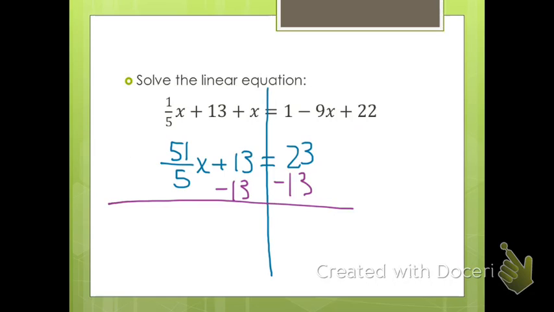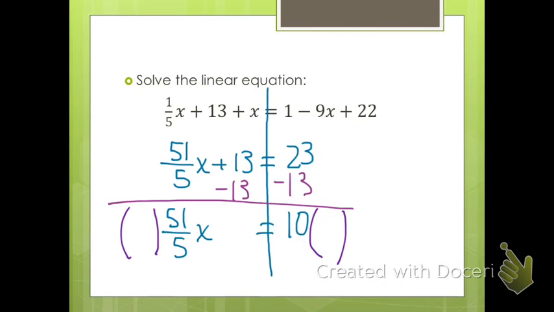So this would be 51 fifths x, and positive 13 minus 13 is 0, so I can leave that off, is equal to 23 minus 13, or 10. Okay, and then once again we have this coefficient on the x that we want to eliminate, so we'll multiply both sides by a number that makes that 1, so that's going to be 5 over 51.